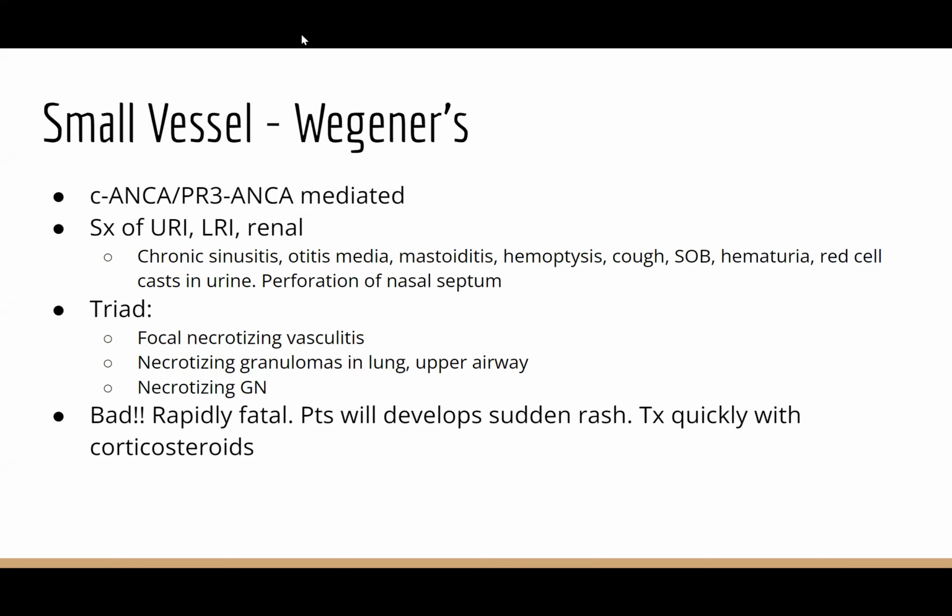You can see a rash just all of a sudden appear on the patient. If you treat quickly with corticosteroids, the patient can make a full recovery. But you'll see all of this stuff that it's affecting, necrotizing vasculitis and granulomas. They can pass very quickly, so it's important that you see this. It is immune mediated, I believe.